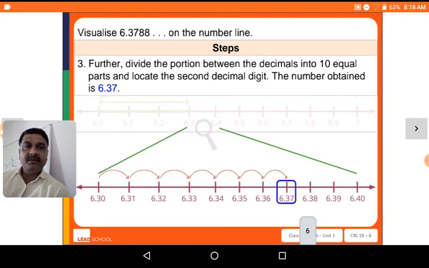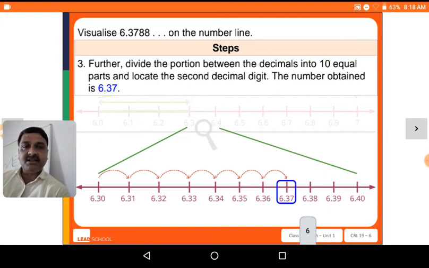Third step: we again further divide the portion between the decimals into 10 equal parts and locate the second decimal digit. The number obtained is 6.37.